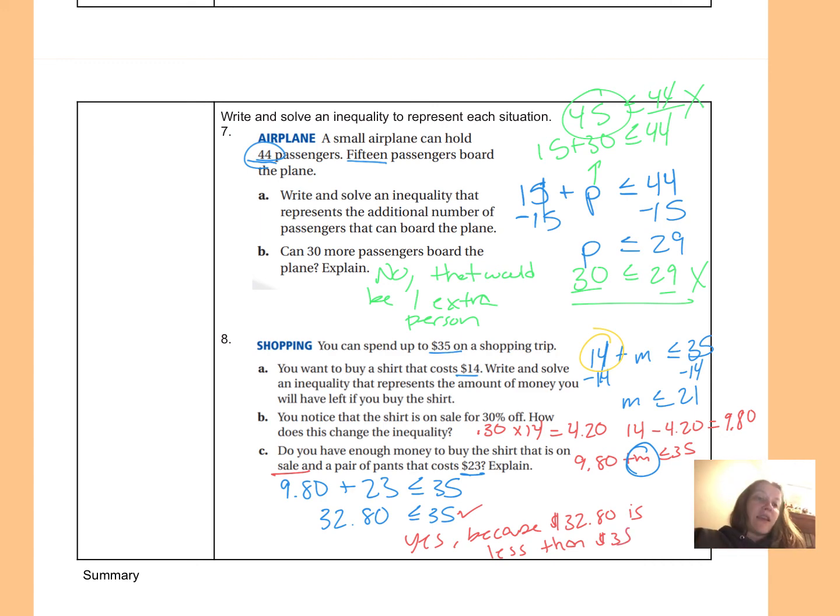Or I can say yes because I have money left over. So I could take the $35, take away the $32.80 that my clothes cost, and that means I have $2.20 left over. So that could be another reason I can give is yes, because I would have $2.20 left over.